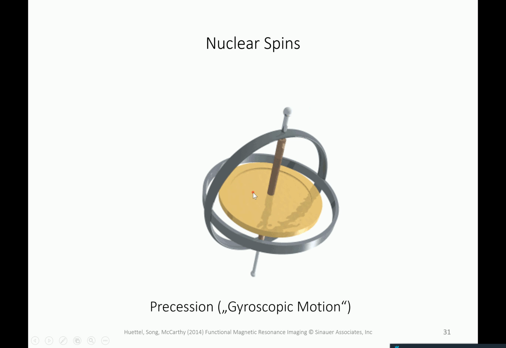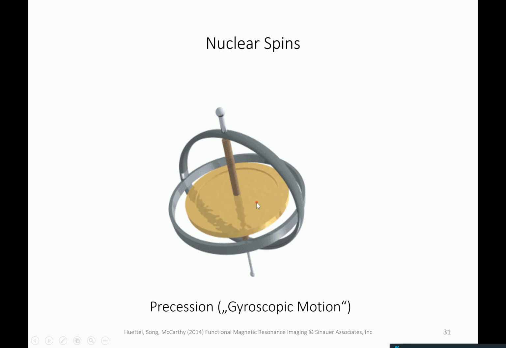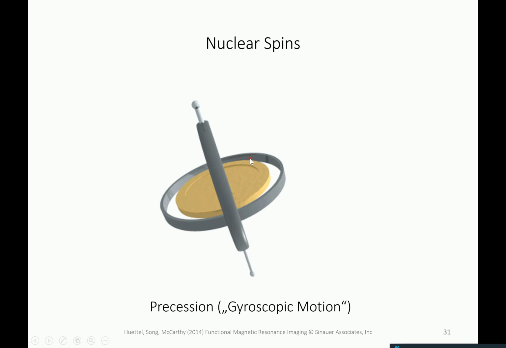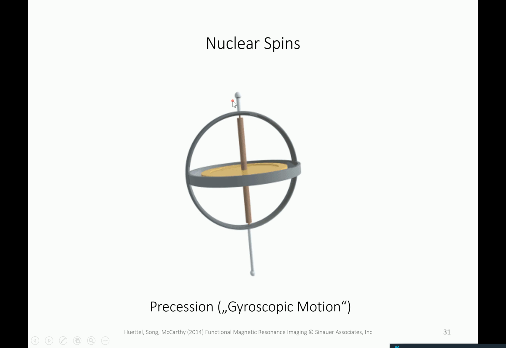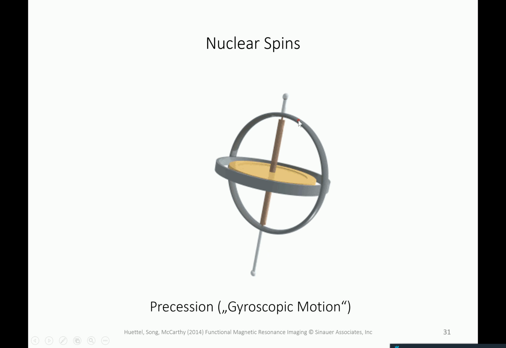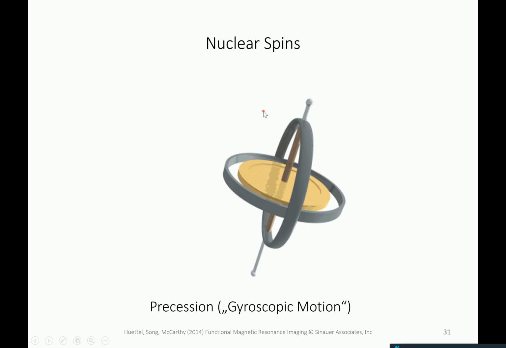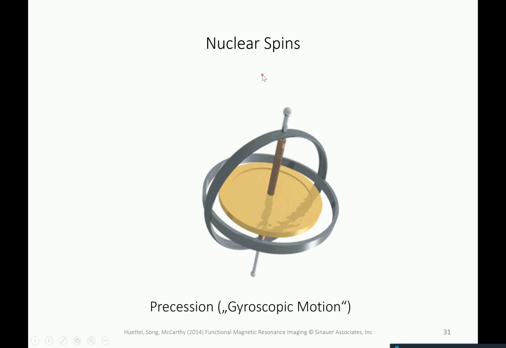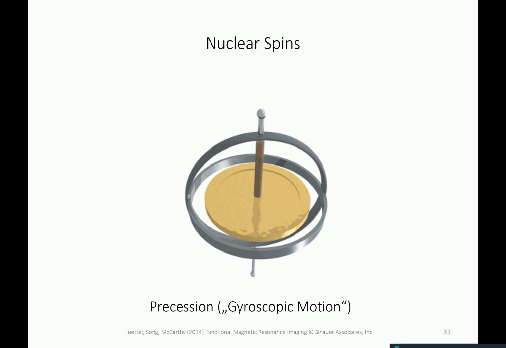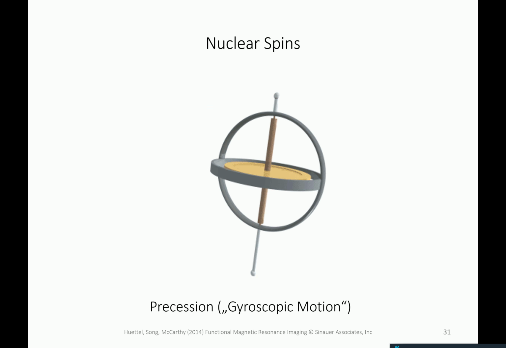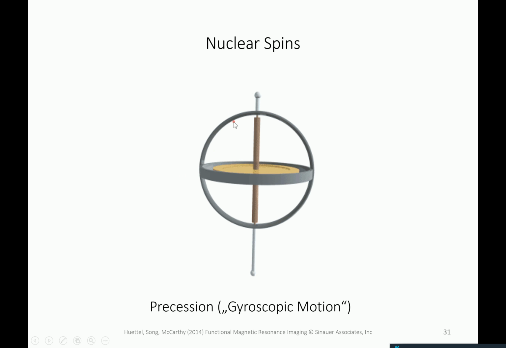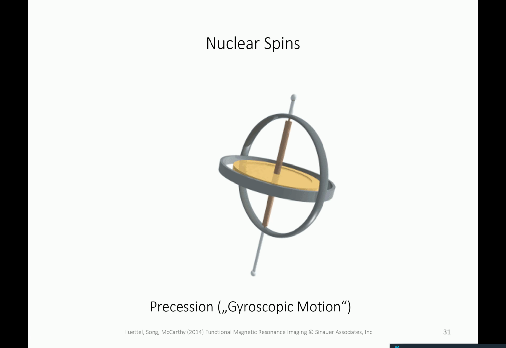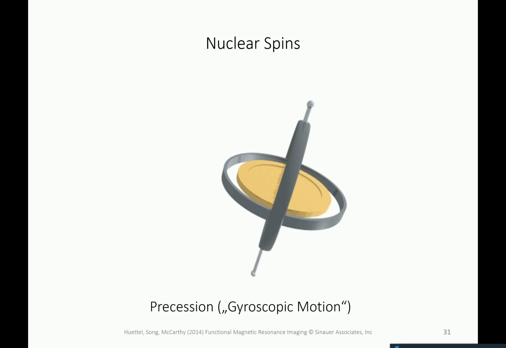if this spins in a gravitational field, you see the top of the gyroscope here, it remains in this kind of dynamic position that the top of the gyroscope spins around the axis of the gravitational field. Of course, you assume that here there's the bottom, here's the top, and this is generated by this interaction between the gravitational field and the spinning of the mass of the gyroscope itself.